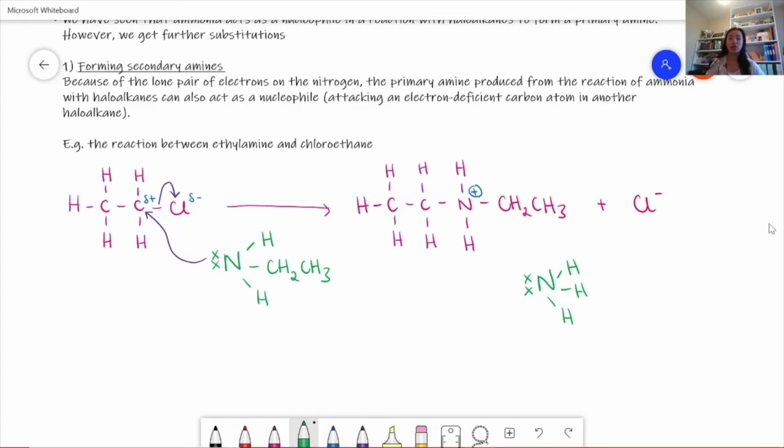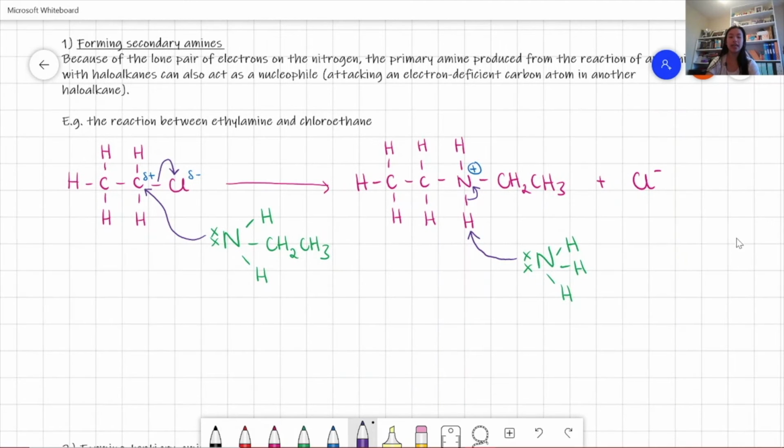So we have 2 electrons on the nitrogen, and what happens is that these 2 electrons attack the hydrogen which is attached to the positive nitrogen, and then electrons from this covalent bond move towards this positive nitrogen. So now we form a secondary amine.